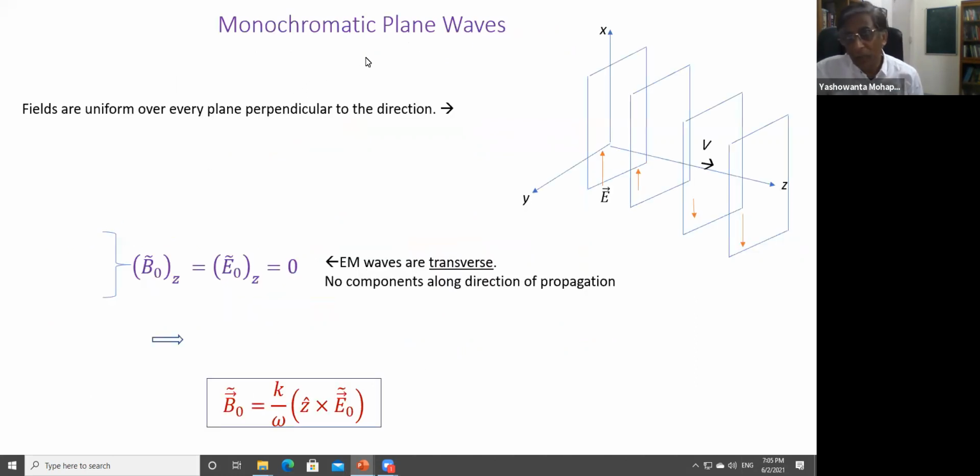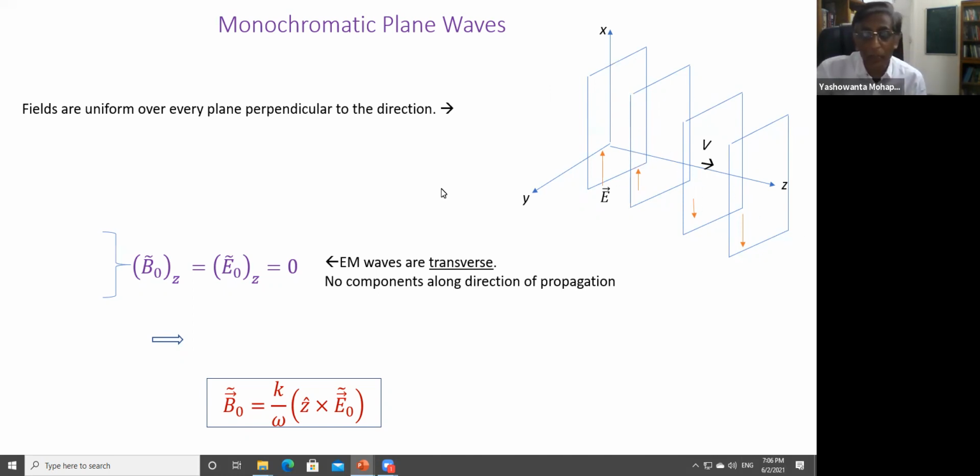So we said we'll worry about sinusoidal waves, and we call them monochromatic plane waves. Look at this diagram. The fields are uniform over a plane: this is E, and this is the propagation direction, and perpendicular to the direction there would be a plane, which is why they're called plane waves.